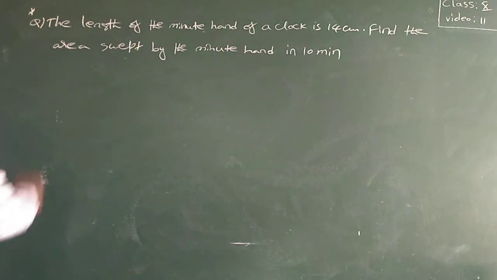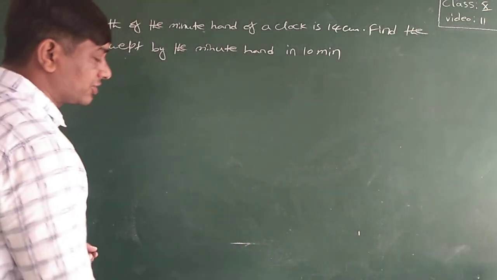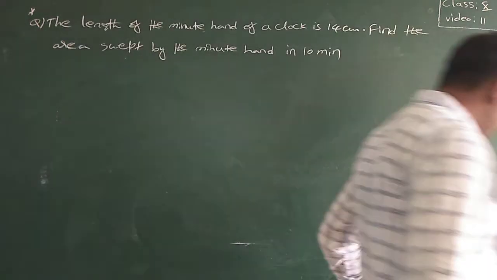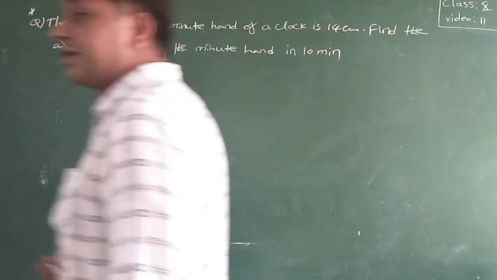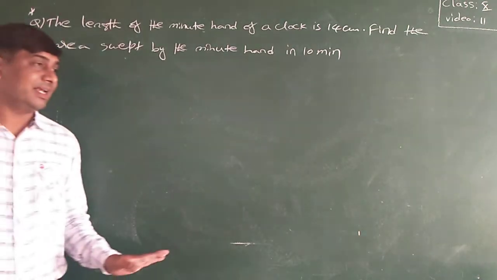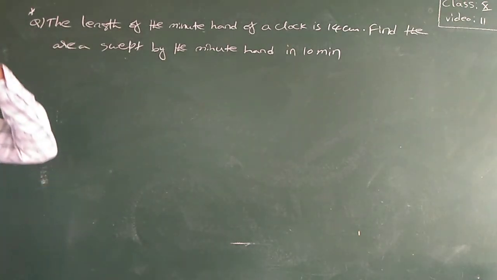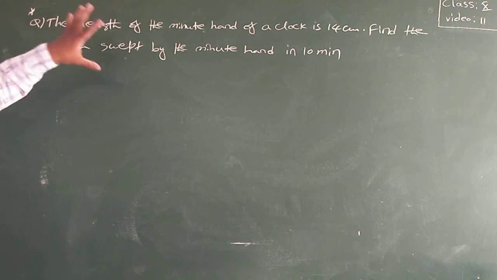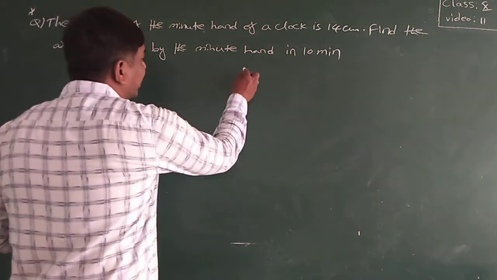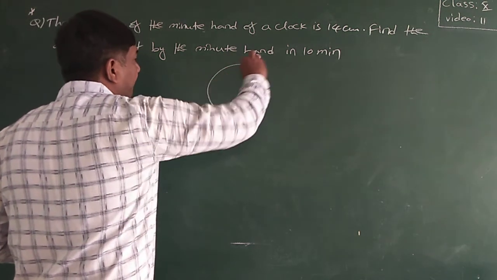Very important. The same model question you also get in trigonometry. Here area is different, distance is different. I will explain the distance problem also. The length of the minute hand of a clock is 14 centimeters. This is a clock.